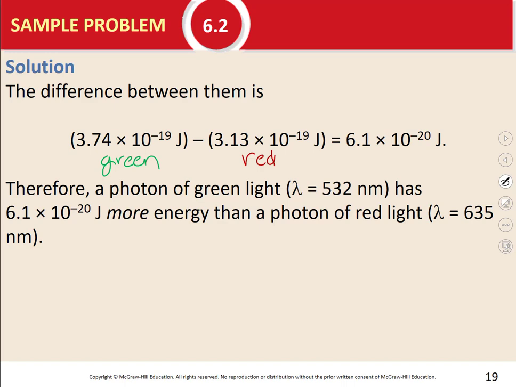So wavelength and energy, directly related or inversely related? Direct means one goes up, the other goes up. Inverse means one goes up, the other one goes down. So as the wavelength got bigger, did the energy get bigger or smaller?